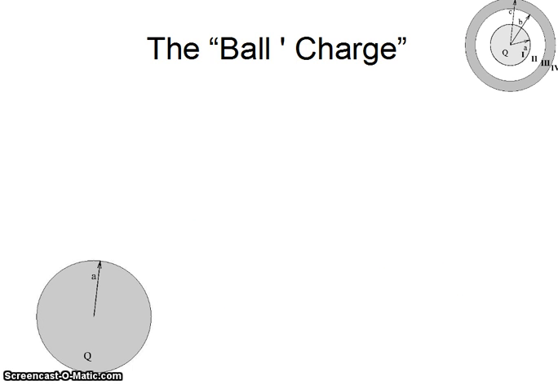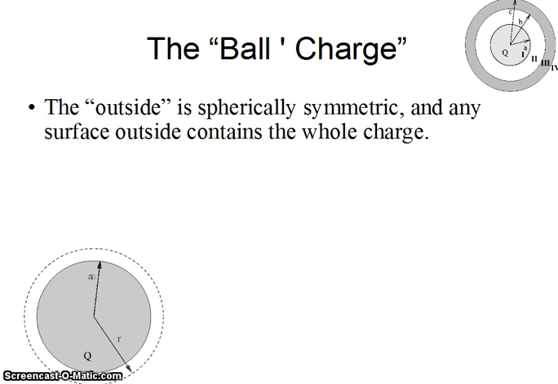So before getting to the big problem, let me review the answers we got for just looking at the uniform ball of charge. That is uniform charge density on this 3D ball. The outside of the ball is spherically symmetric. Any surface outside contains the whole charge.